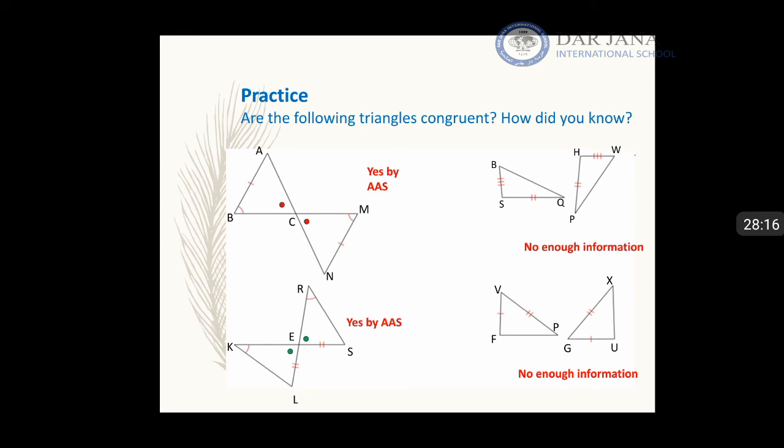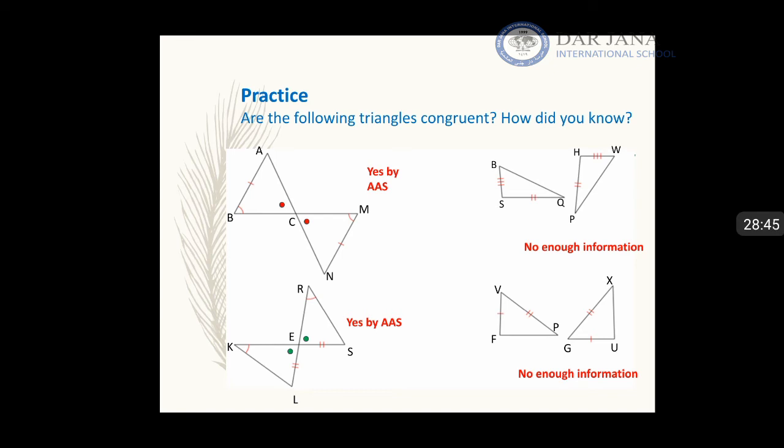We know that angle R is congruent to angle K. Also angle RES is congruent to angle KEL, since they are vertical angles and vertical angles are congruent. So in those two triangles, I have two angles in the first triangle that are congruent to their corresponding angles in the second triangle, which is angle R with angle K and angle RES with angle KEL.